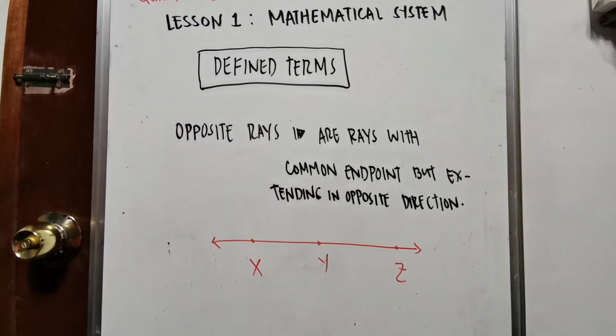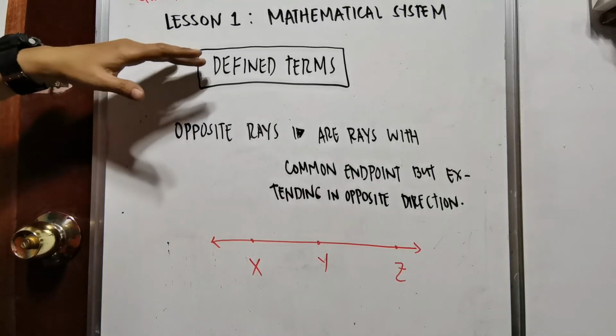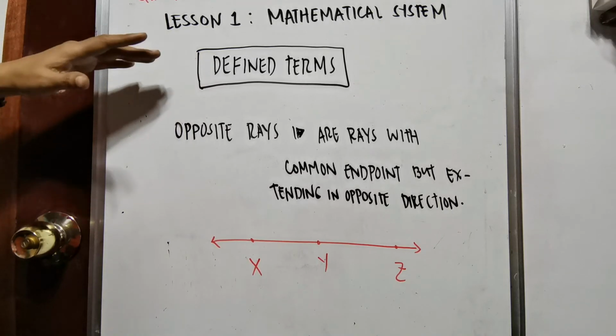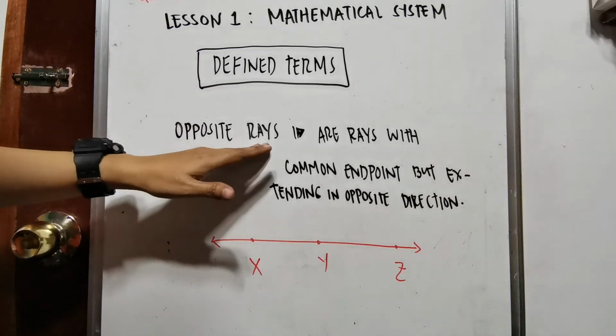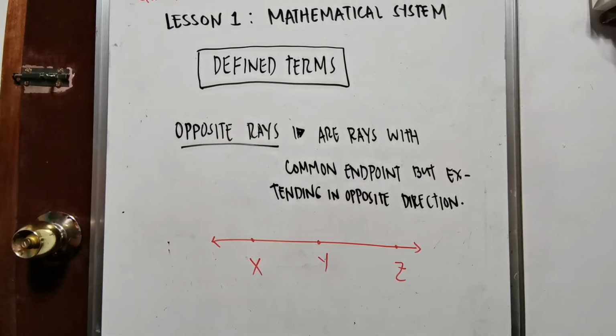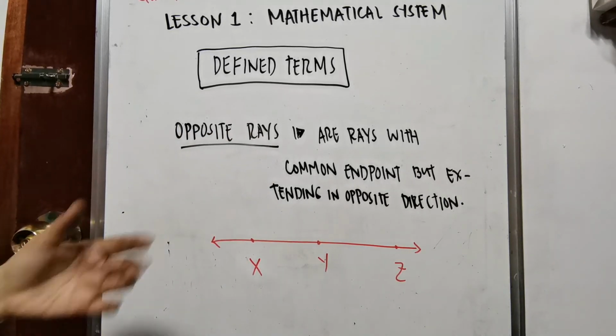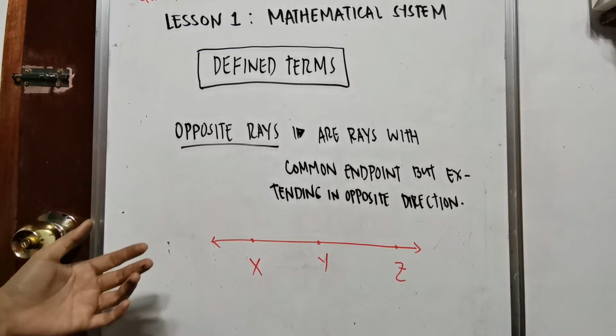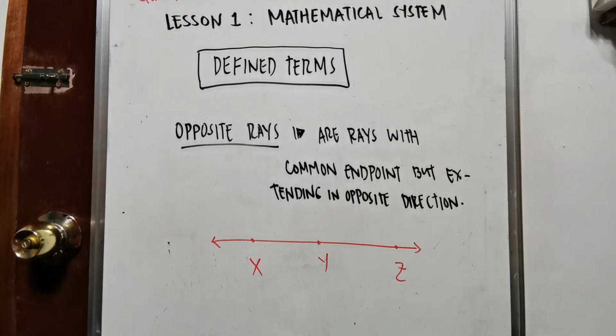In addition to the different examples of defined terms, since we discussed what a ray is, we have here the opposite rays. When we say opposite rays, those are rays with a common endpoint but extending in opposite directions.